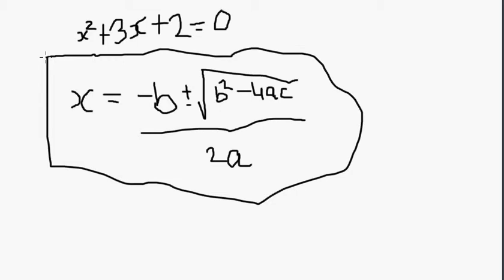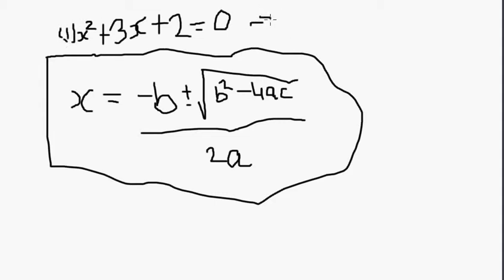To solve this, first we just put in the values. Here b is 3, so this will become minus 3 plus or minus the square root of 3 squared, that is 9. Here a is 1.